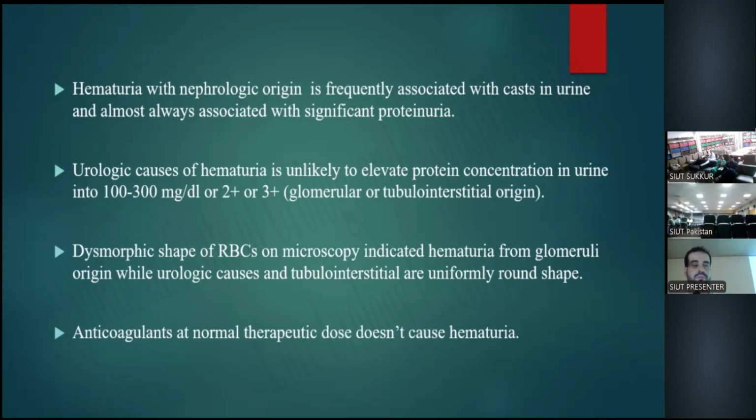The shape changes due to passage through the diseased glomerulus, and they also get exposed to certain proteins. While in urological causes like tumors, the RBCs are normal. Anticoagulants at their normal therapeutic dose do not cause any hematuria.